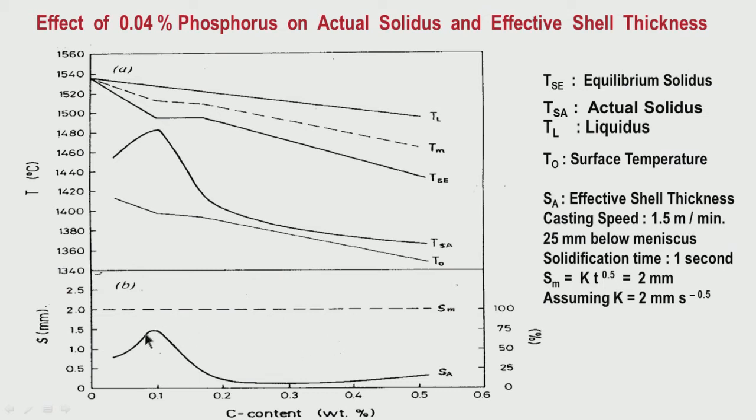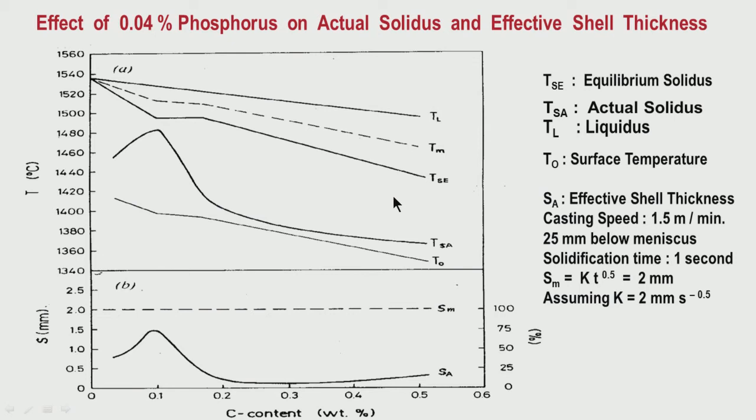So at 0.1% carbon microsegregation is relatively less, the solid shell during solidification is relatively thick, and the marshy zone is relatively thin, but for higher carbons, say 0.25, 0.3, 0.4, 0.5, just the reverse is true. The actual solidus is much lower, so the temperature interval for solidification is much higher. Because of this, the solid shell is quite thin and the marshy zone is quite thick.